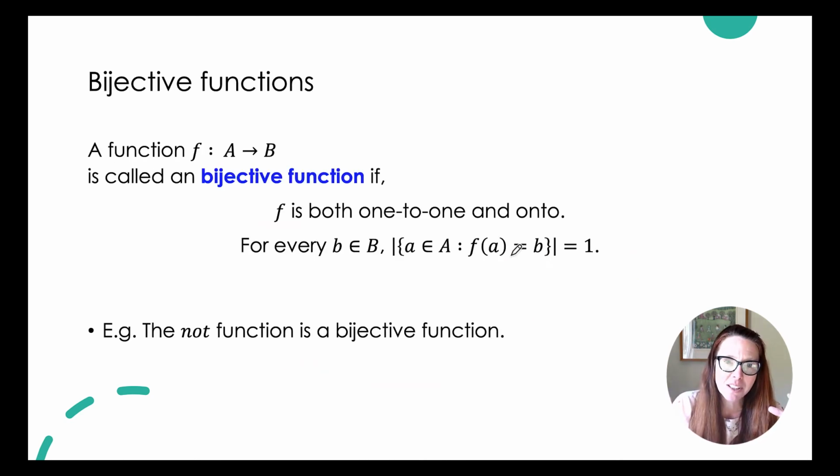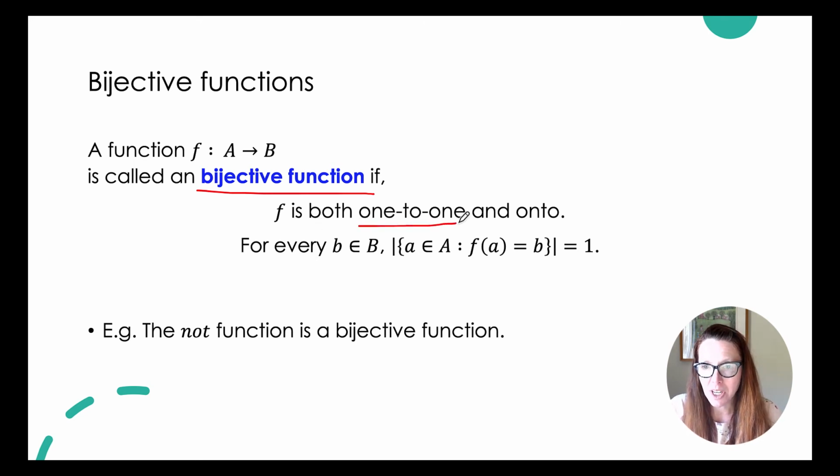And now we're going to put the 2 pieces together, and they're going to be all in the same basket. This is the definition for a bijective function. A function f is bijective if it is both one-to-one and onto. So this is combining the 2.